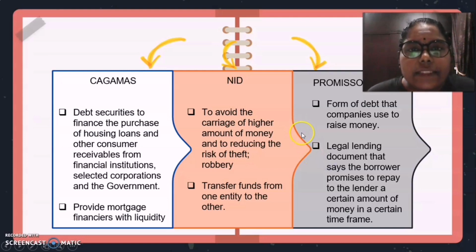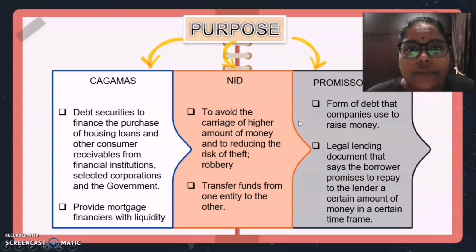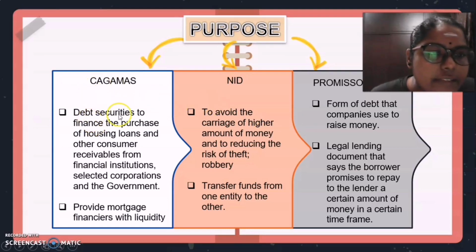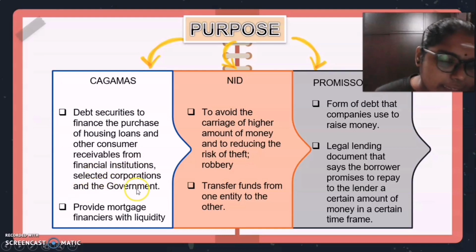Next, the main purpose of these three instruments. Cagamas issues debt securities to finance the purchase of housing loans and other consumer receivables from financial institutions, selected corporations and the government, providing mortgage financiers with liquidity.